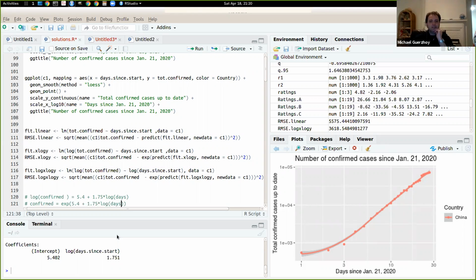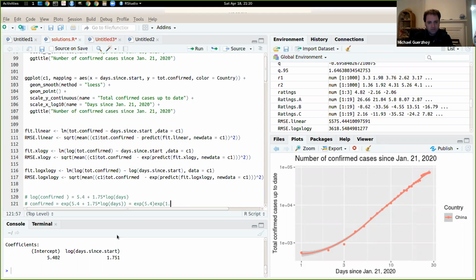That's like that. So again, not really required, but you can in fact go a little bit further. So you can say this is equal to exp of 5.4 times exp of 1.75 times log of days. Sorry, the other way, of course.